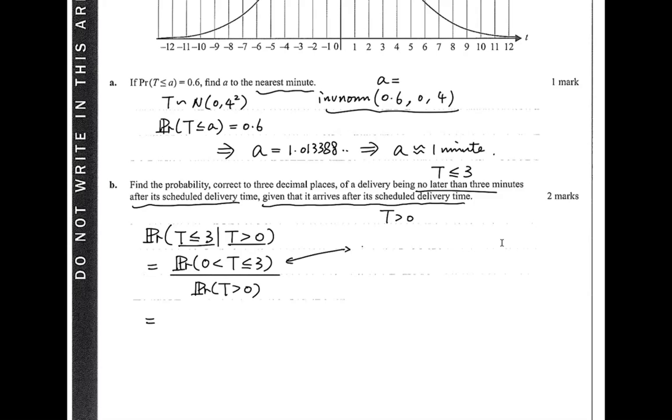This comes from, the numerator, norm CDF, 0 to 3. Mean value is 0, standard deviation is 4. This one is just 0.5 because it's just half of the total area. The top one and the bottom one eventually will give us 0.546745, blah, blah, blah, which is approximately 0.547, okay?